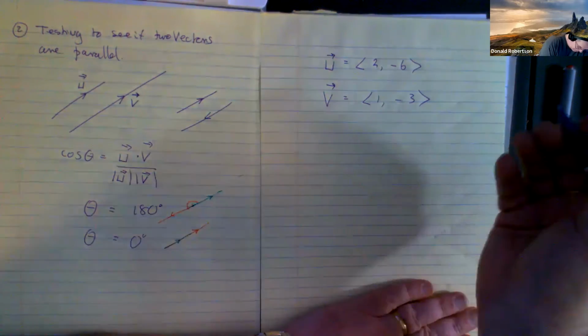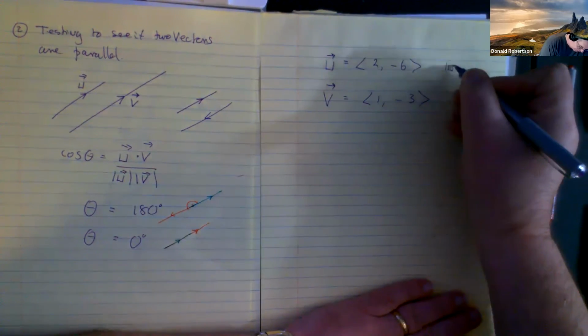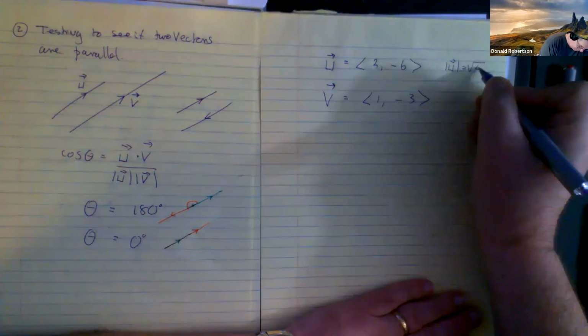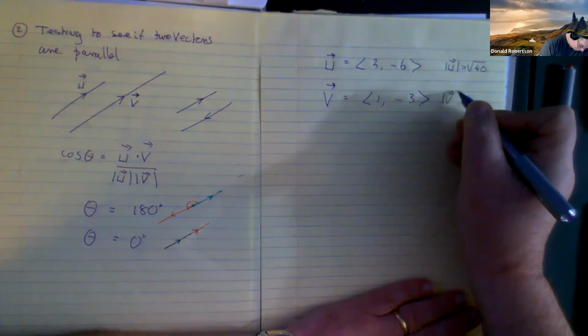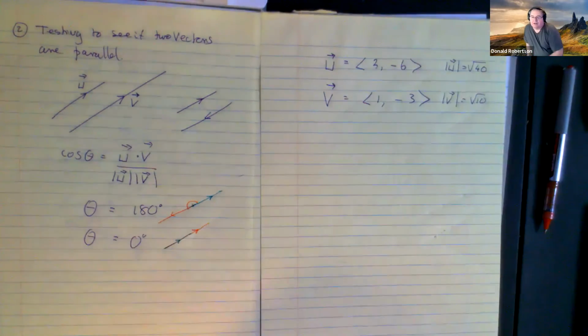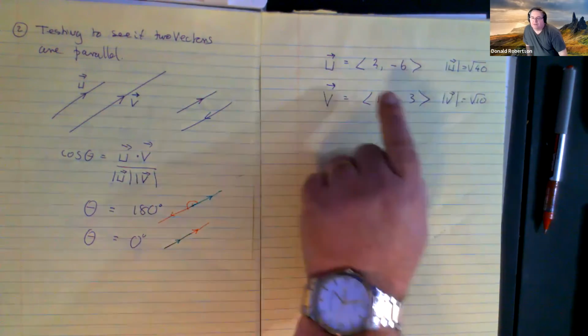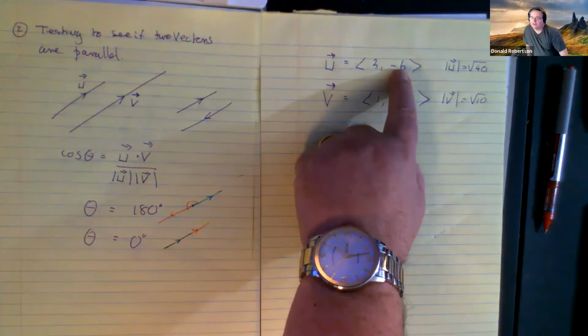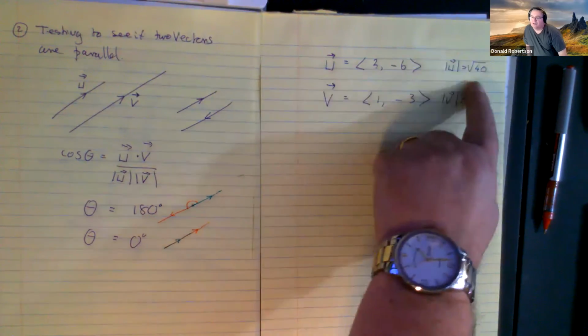The magnitude of u ends up being the square root of 4 plus 36, square root of 40. The magnitude of v ends up being the square root of 1 plus 9, which is the square root of 10. Are you okay with me doing that in my head? That's a 2, by the way, right? 2 squared plus 36, right? 4, 36, 40. 1 and 9 get me 10.